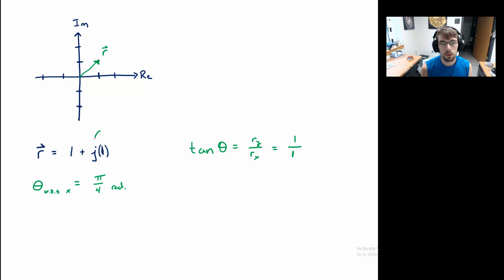Don't forget, we're using this j, if you will, to represent that we're going in the vertical direction here. And then, of course, you have the inverse tangent of 1, which is pi over 4. Oops, excuse me, I swapped the order there.